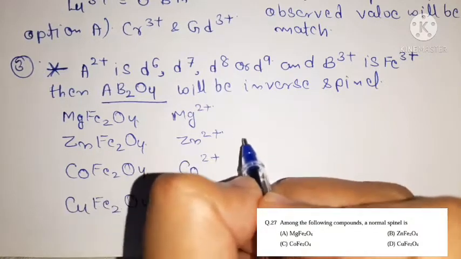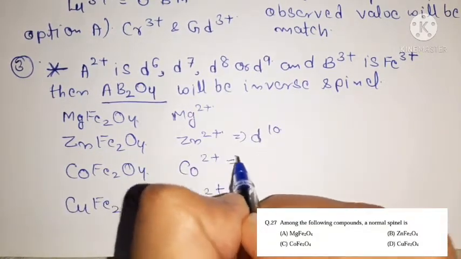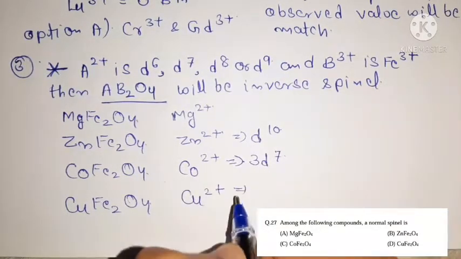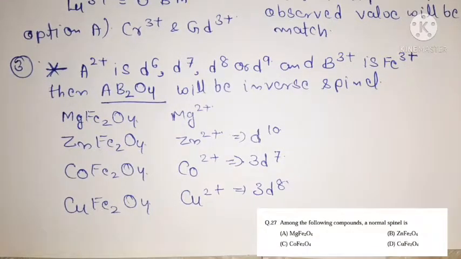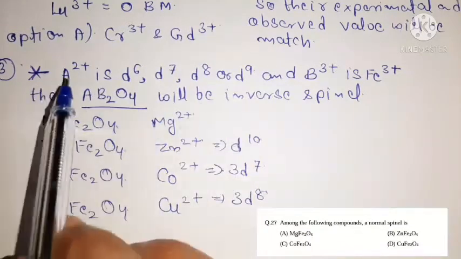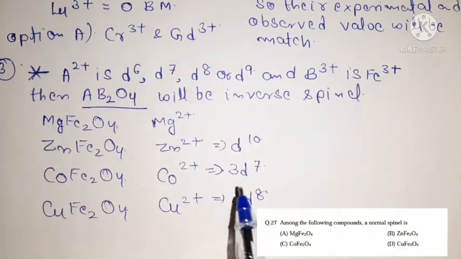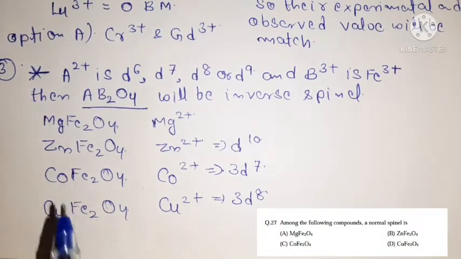Now the electronic configuration of zinc 2 plus is 3d10. Cobalt 2 plus has electronic configuration 3d7 and copper 2 plus has 3d8. Now according to this rule, it has d7 and it has d8. So we say that when the divalent cation is d6 or d7 or d8 or d9, here the divalent cation is d7 and d8, and the trivalent cation is iron 3 plus.